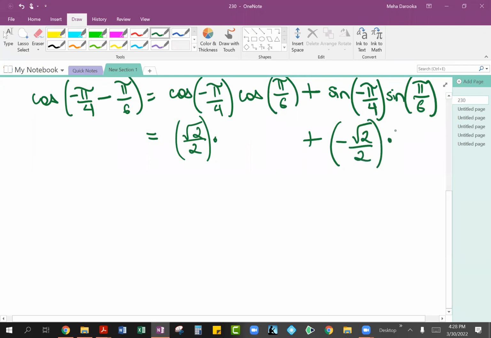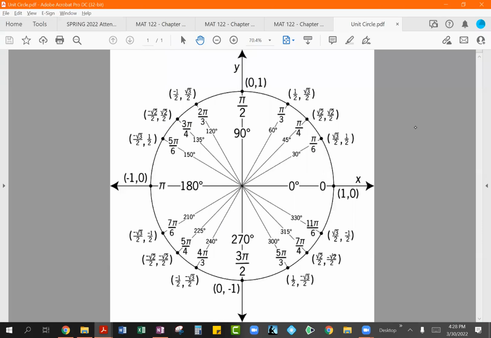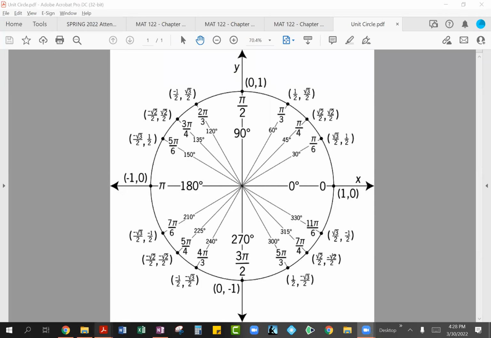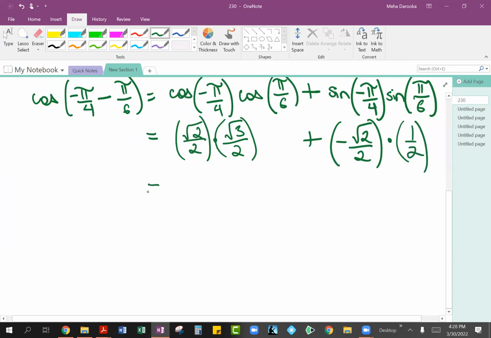All right, now you've got the positive pi over 6, and same thing, we'll do sine and cosine for that. So positive pi over 6, your cosine will be square root of 3 over 2, and of course, sine will be 1/2. So square root of 3 over 2 and 1/2, and then you're literally just cleaning this up. So on the numerator over here, I'm trying to see, do I want to multiply that or do I want to leave it?